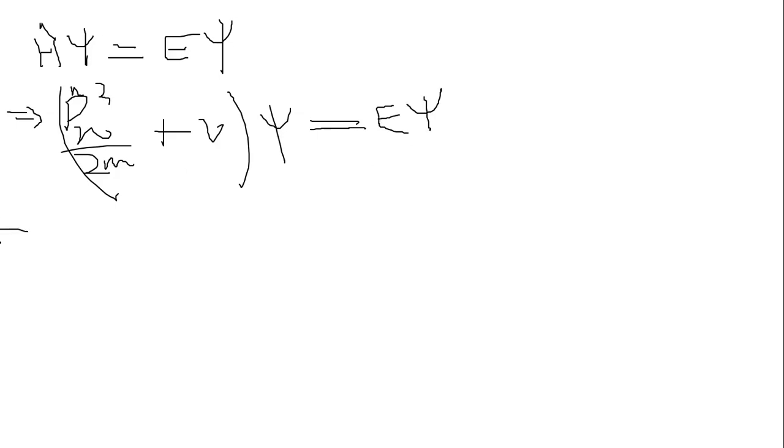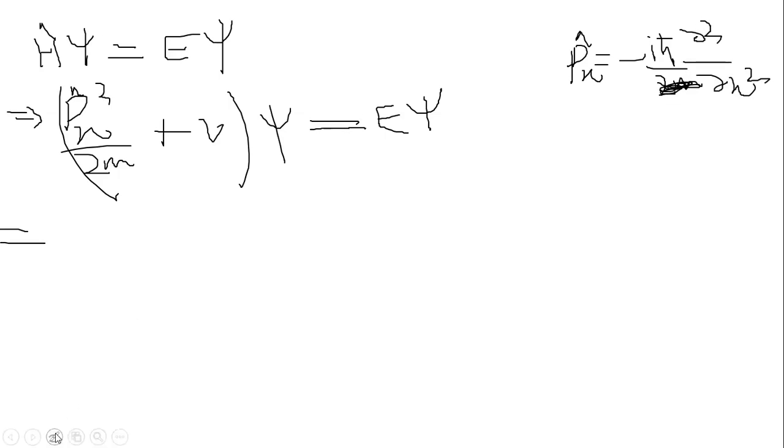We know px is minus i h cross del by del x, so px square is minus h cross square del square by del x square.